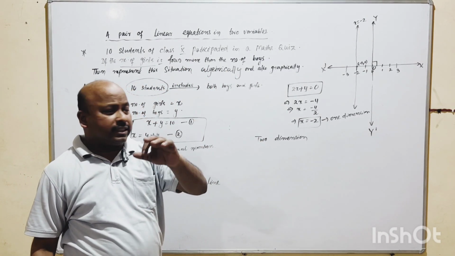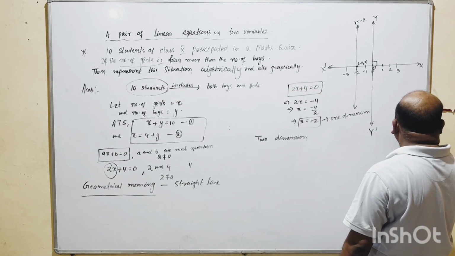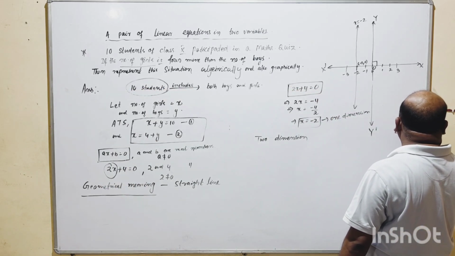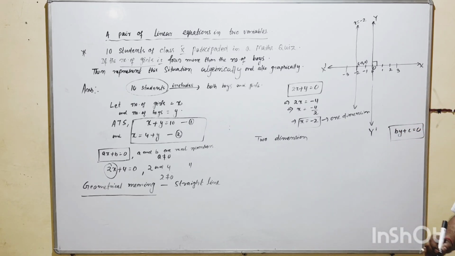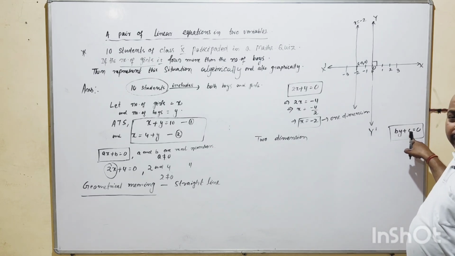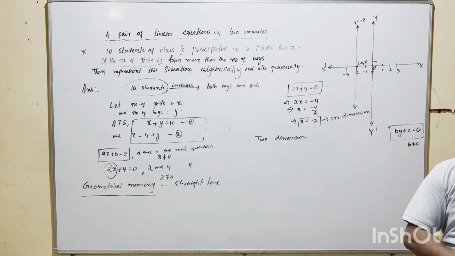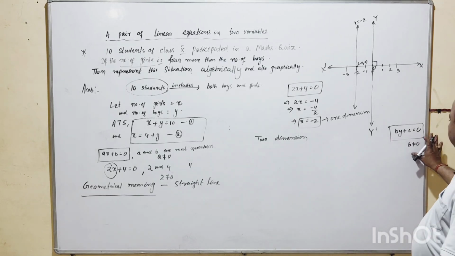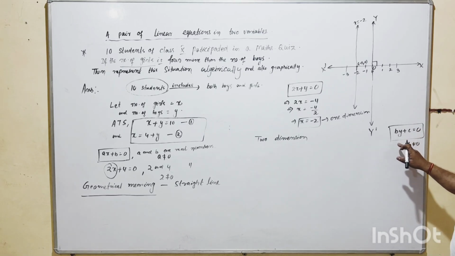parallel to the x-axis. Suppose I am writing another equation, by plus c equal to 0. This is also the standard form of a linear equation in one variable, where y is the variable, b and c are real numbers, and b is not equal to 0 here. The geometrical representation of this is a straight line.